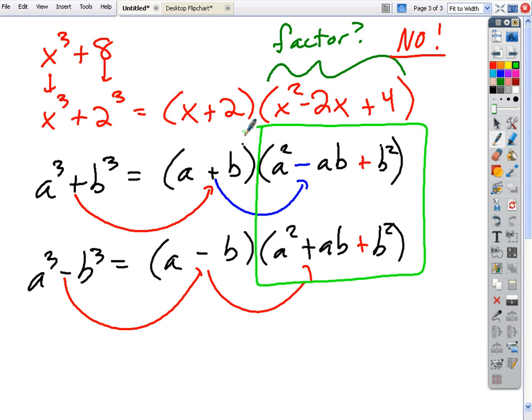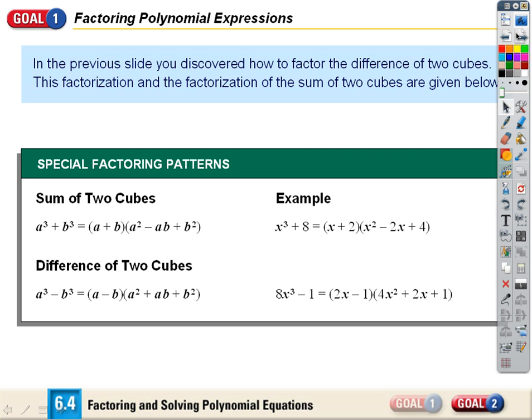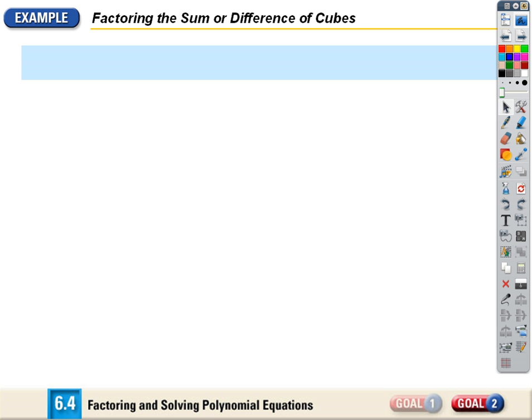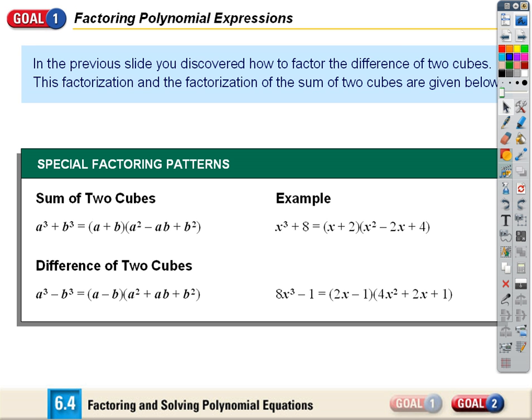All right, let's look at another example. Actually, let's do the one that was up there. It's a good example. Let's do difference of cubes. Let's take a closer look at this one: 8x cubed minus 1.